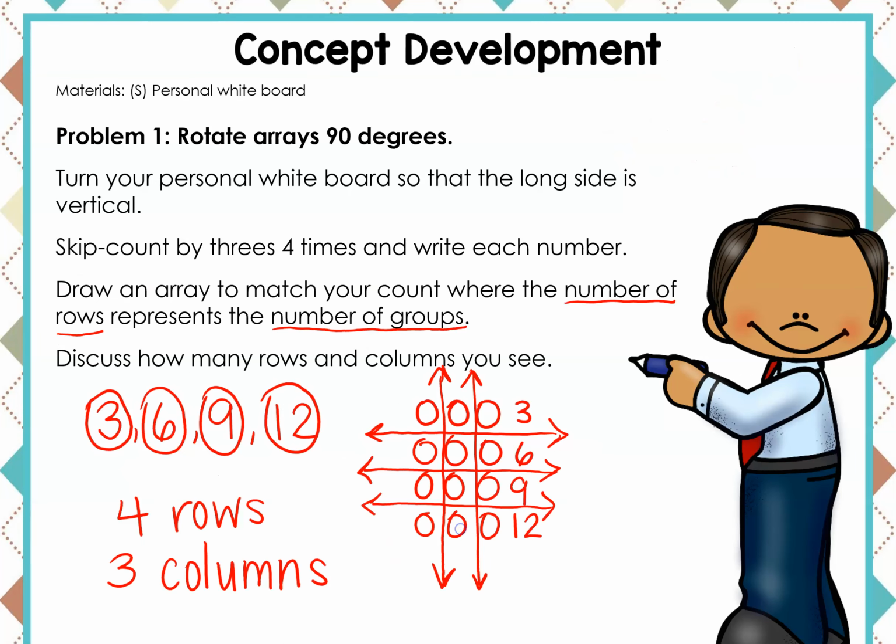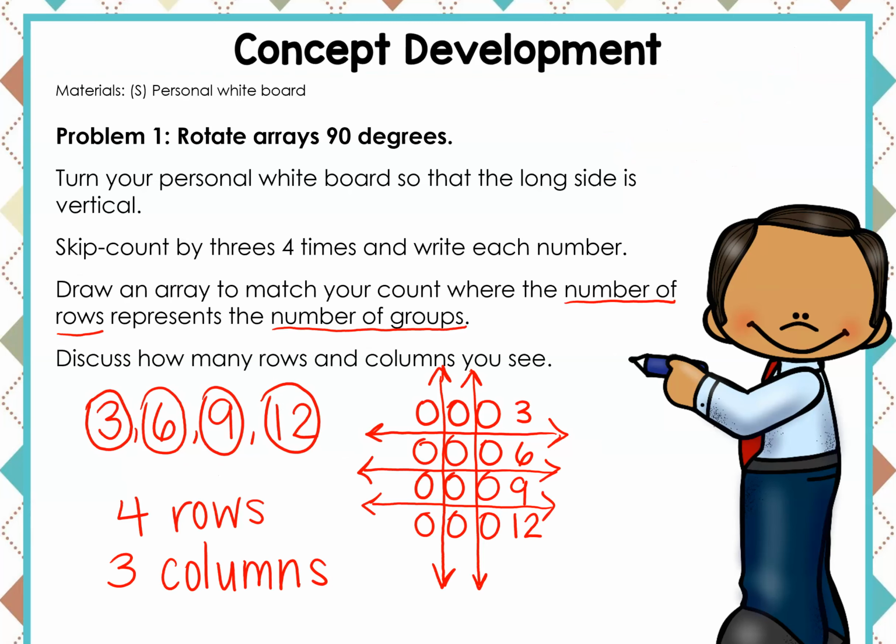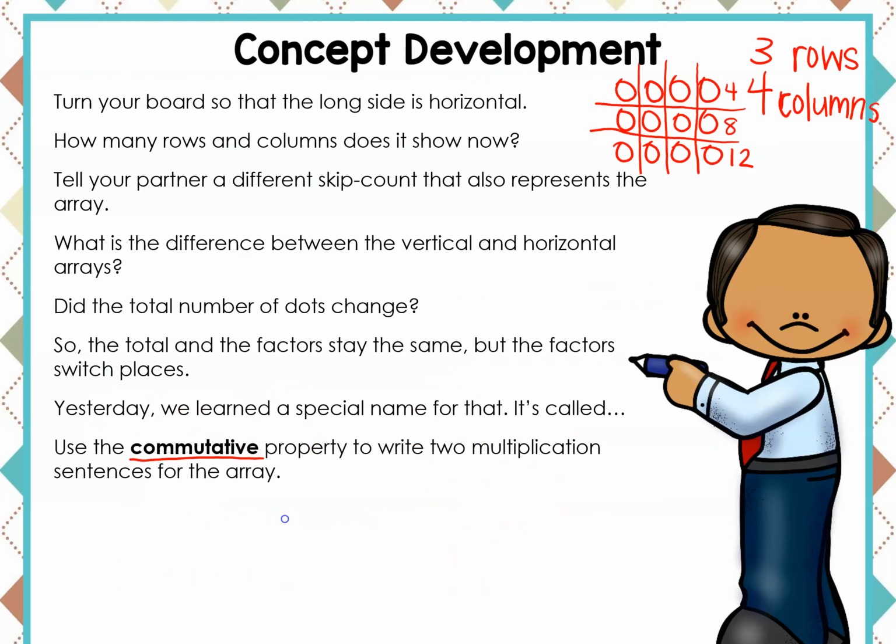So if we were to write these 2 arrays as multiplication sentences, for this one, we would take 4 times 3. And that would represent 4 rows of, because remember that multiplication symbol can also mean rows or groups of.